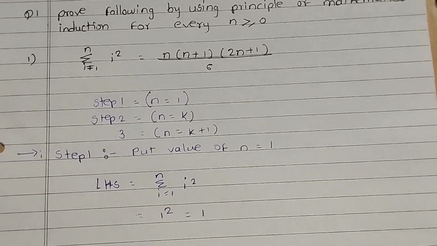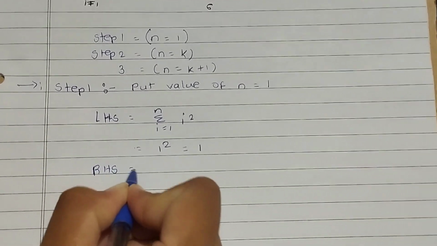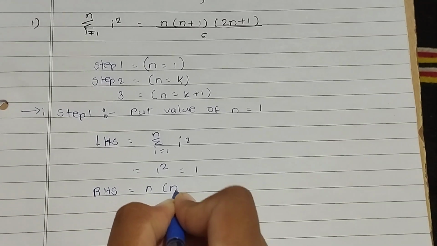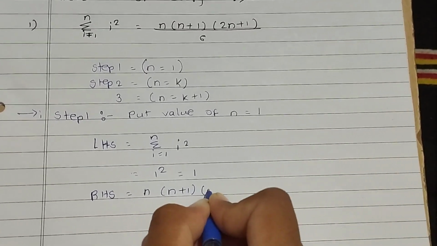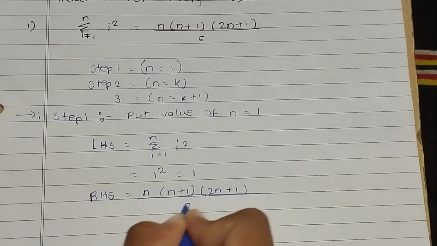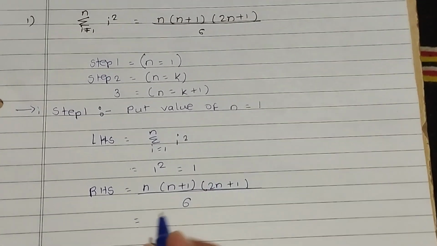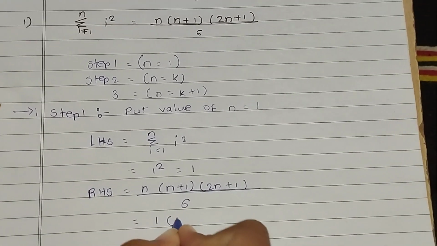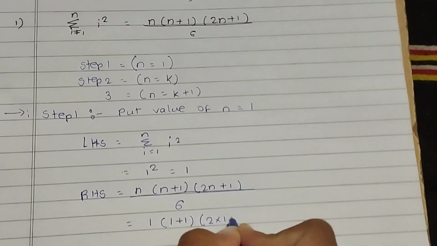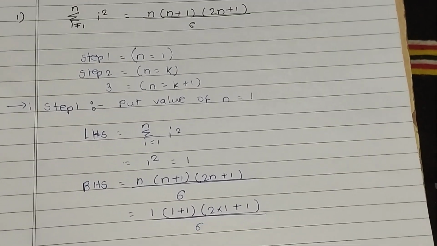Now the RHS. The RHS is equal to n into n plus 1 into 2n plus 1 divided by 6. So we put n equal to 1. Here is 1 in bracket, 1 plus 1, 2 into 1 plus 1, divided by 6.